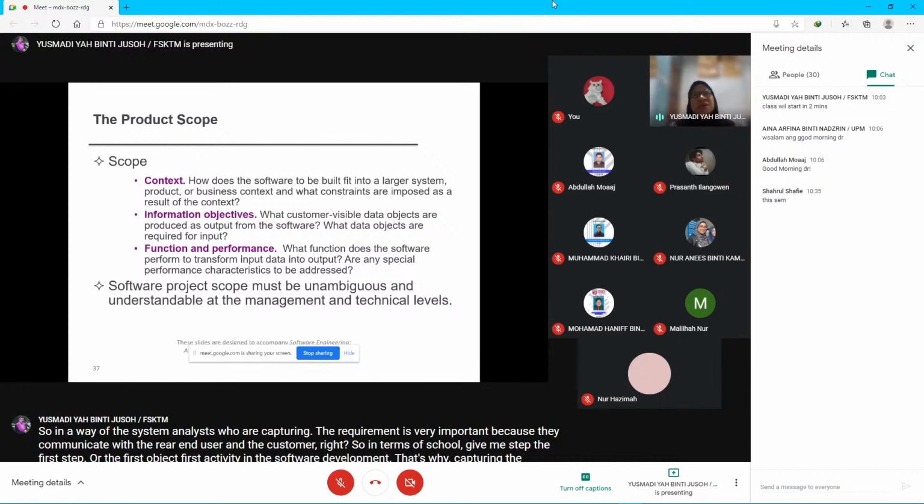But for the customer, what are their needs? What do they want from the software, what are their expectations of the software that you are creating, right? So the requirement is one of the initial steps, which is very important and must be unambiguous and understandable. Okay?